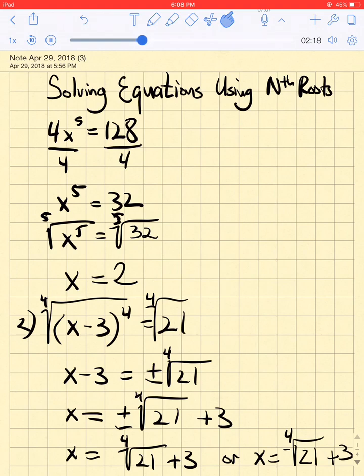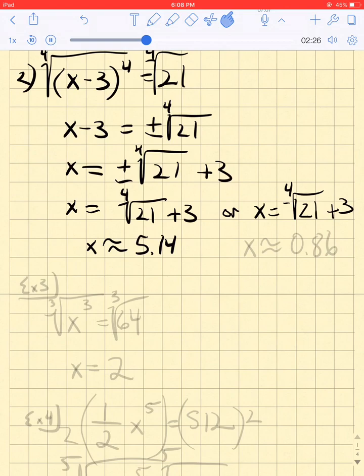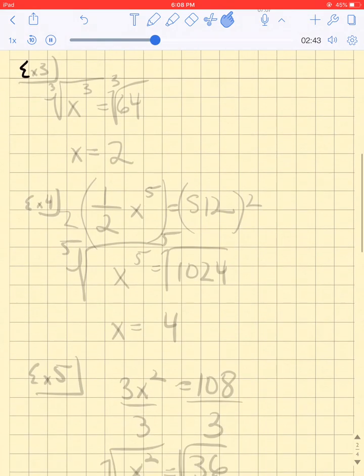All right, and finally we use a calculator and we say x is approximately 5.14 in the calculator. Or if we do this one, negative fourth root of 21 plus 3, we get x is approximately 0.86. Okay? Example 3.